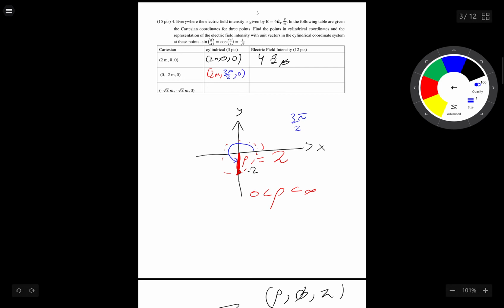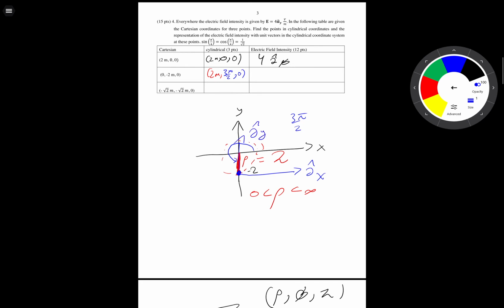Now let's determine our direction for our electric field intensity. So we know over here at this point, in the Cartesian, we have our unit vector at the increasing x component. So this is the a of x. Y is going to be at the increasing y component, so this is going to be a of y.